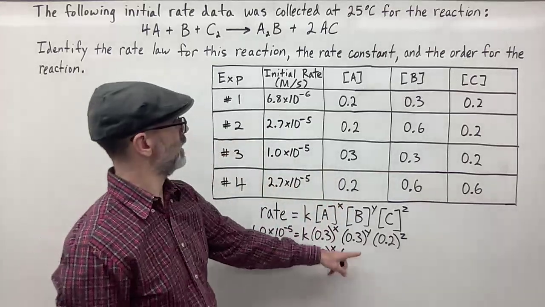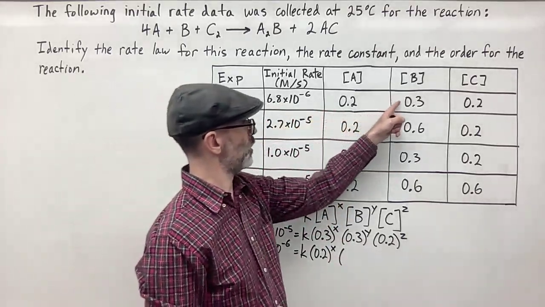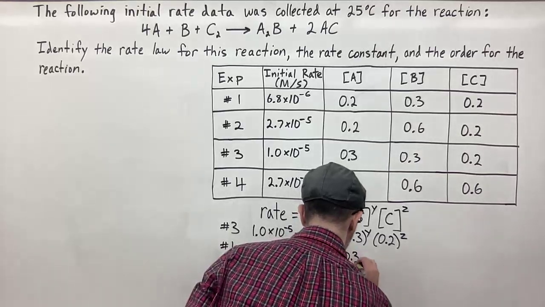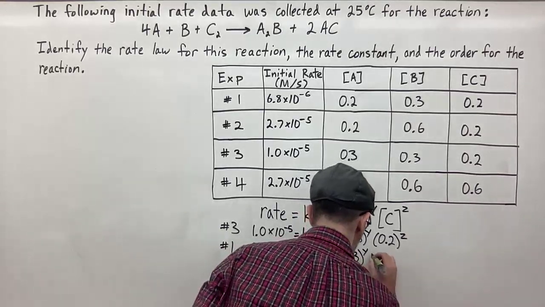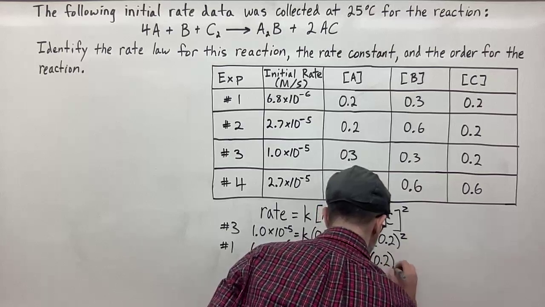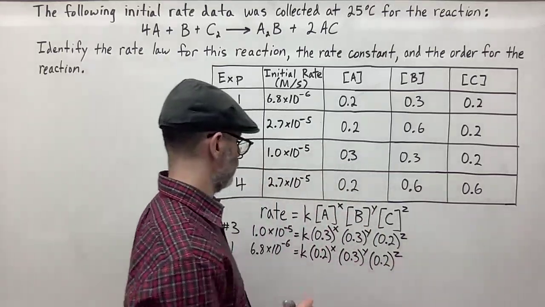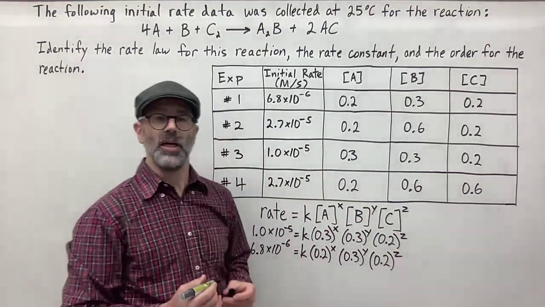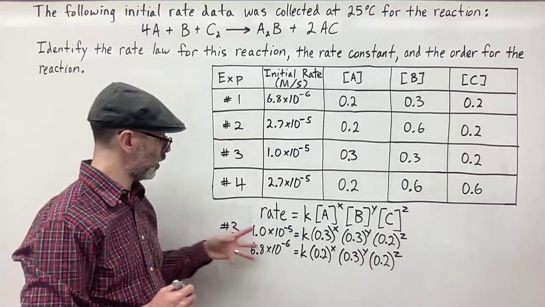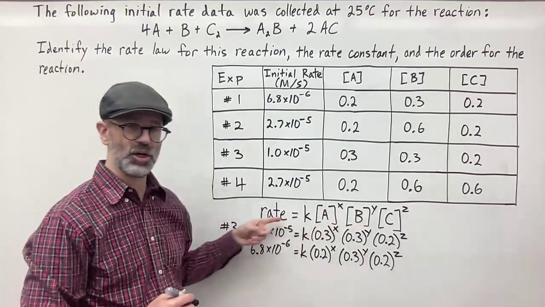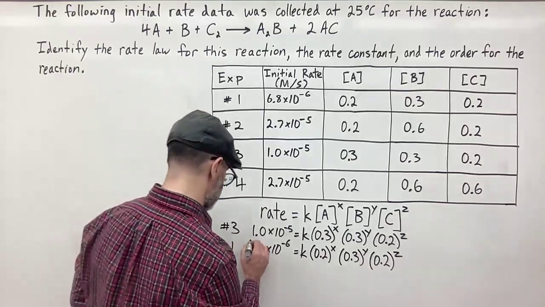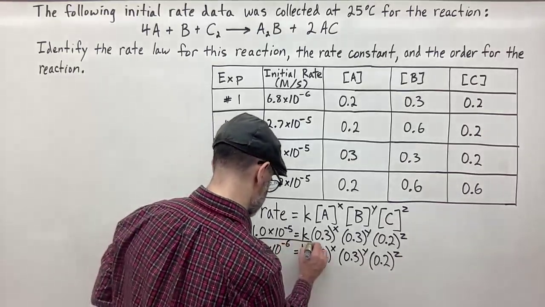And then for B and C, it's 0.3 and 0.2 again. So 0.3 to the power of y, and then 0.2 to the power of z. So now that we have the information for both of these plugged into our generic rate law, we're now going to divide both of these by each other.